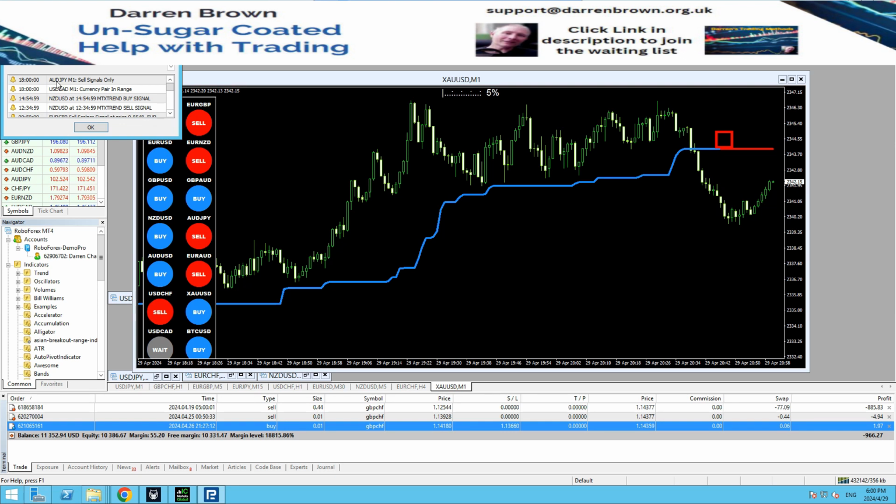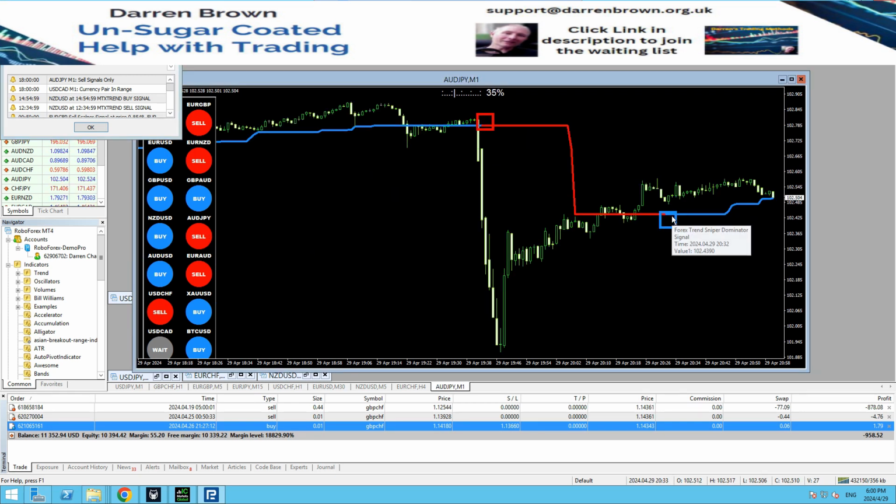It's now telling us that the AUD JPY 1 minute sell signal only, and it's also telling us that the USD CAD currency pair is in range. So if we go to AUD JPY, which is this one here, you'll see that this is in a sell signal. Well, this clearly isn't a sell signal, so you wouldn't take this trade. Only when this goes to red.